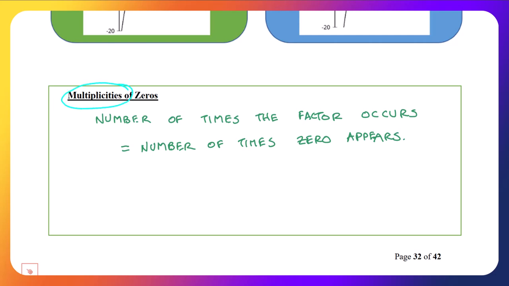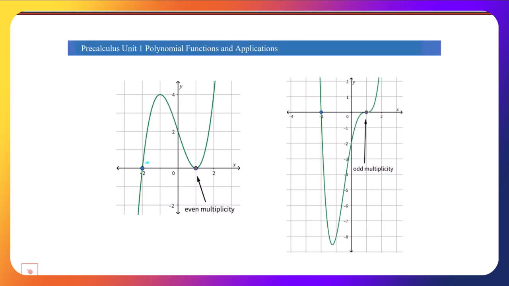So multiplicity just counts how many times something occurs. If the factor occurs a certain number of times, we could also say that the zero appears that many times. So here it crosses, odd multiplicity; here it touches, even multiplicity; crosses, odd multiplicity; crosses, odd multiplicity.